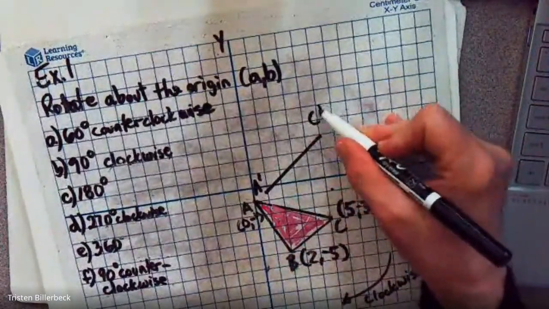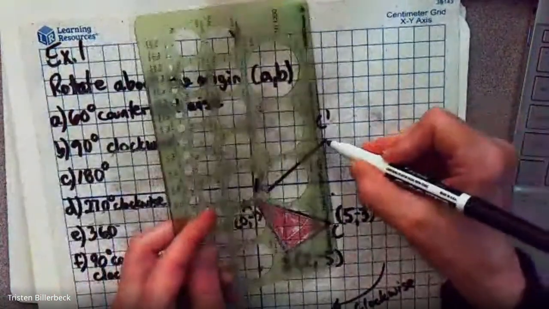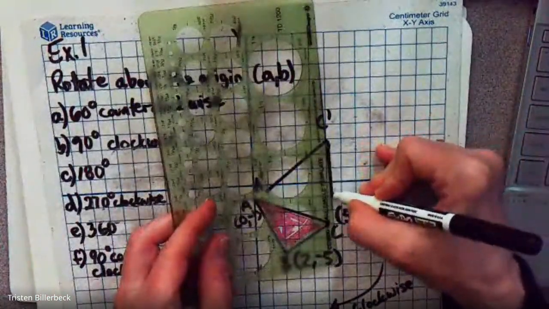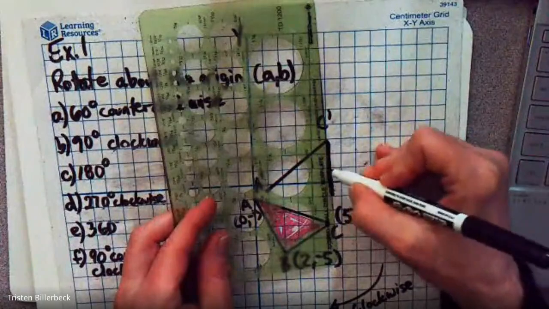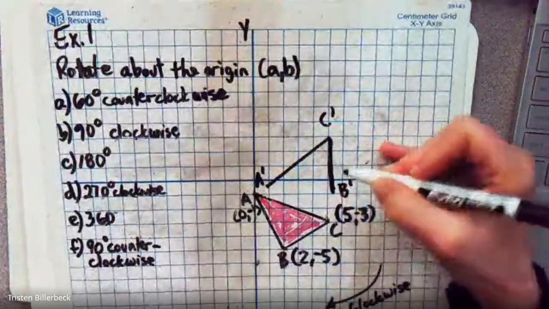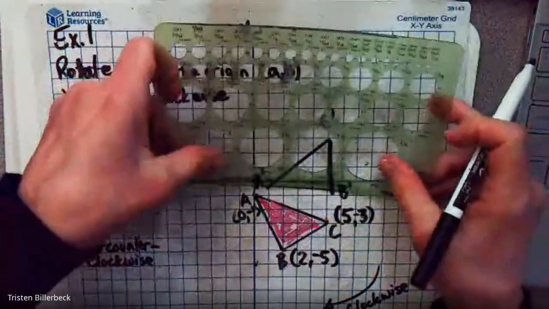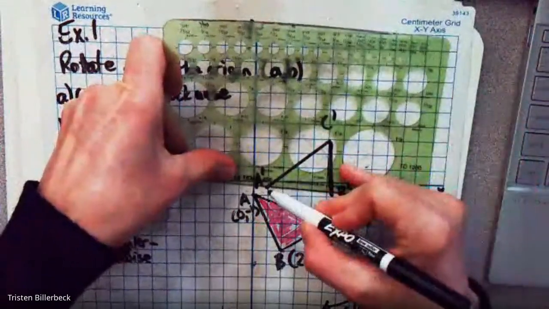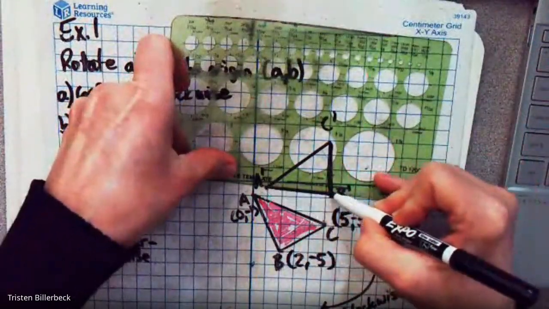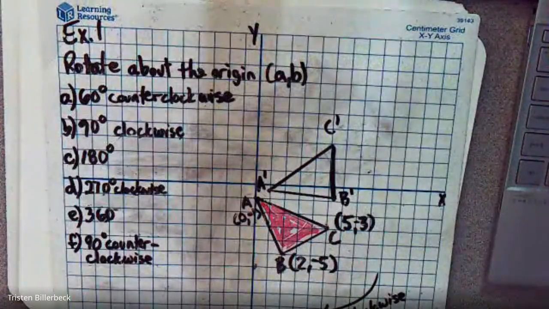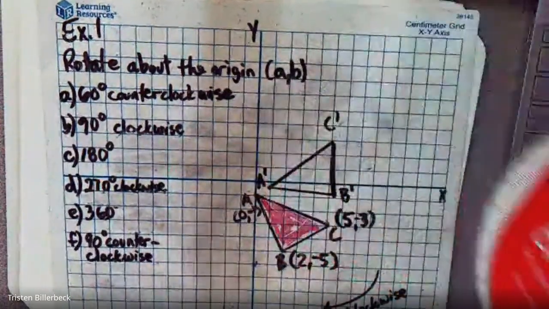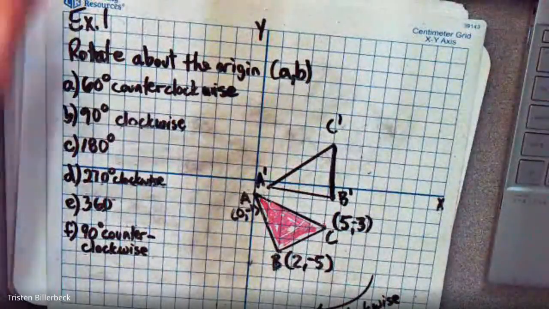We have C prime right here, and B prime is right here. So that's just a 60-degree rotation. When it's not at a factor of 90 degrees, it's a little rough, so you need to use a protractor to do it. But there are other ways to do it.